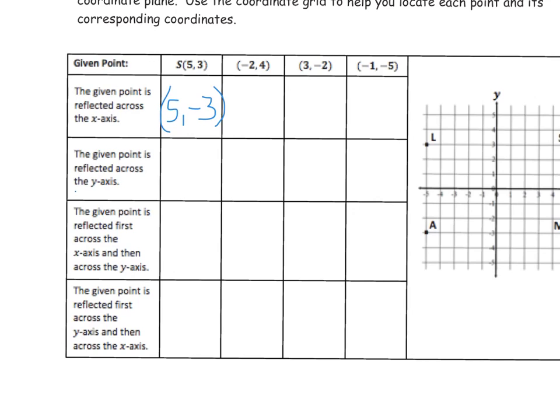If it's reflected over the y-axis, the y stays the same and the x becomes its opposite. If it's reflected first over the x and then the y, both signs change, both become opposites. And if it's reflected over the y and then the x, it still is both of them. So let's just come over here and check.